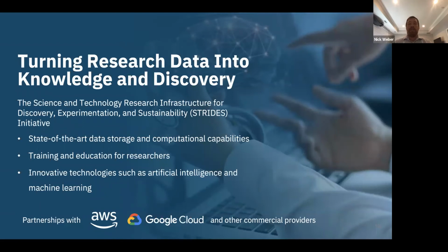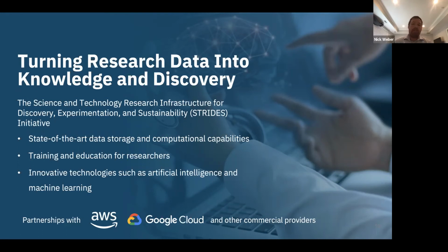I'll talk about discounts and other things, and really enhance the ability for NIH-funded researchers to use these technologies to accelerate their research outcomes. So STRIDES stands for what you see here on the screen: the Science and Technology Research Infrastructure for Discovery, Experimentation, and Sustainability.